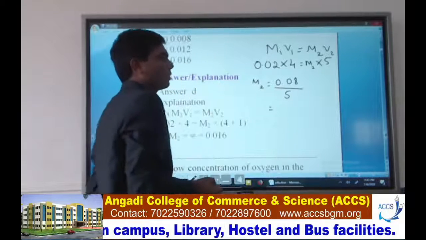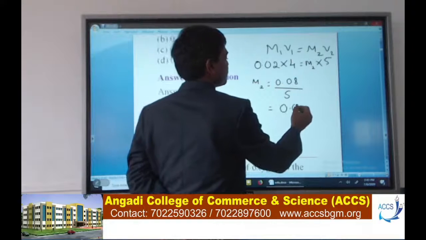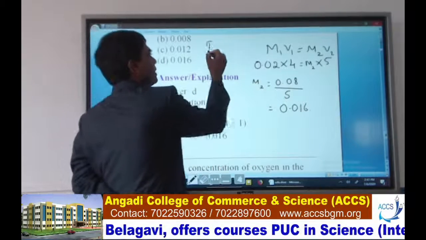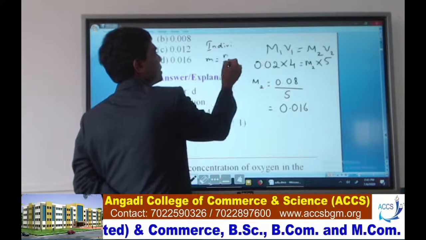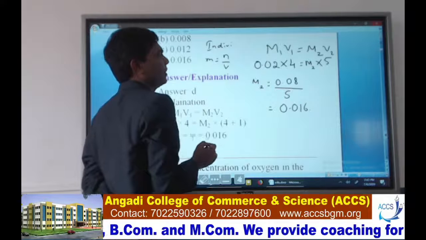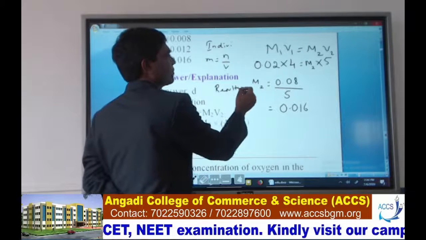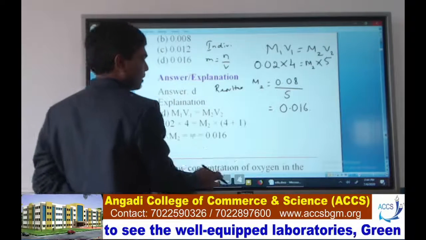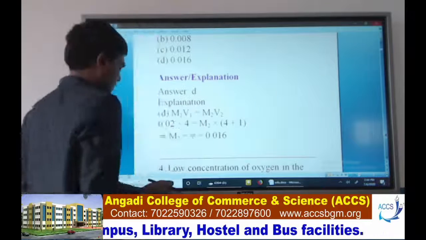Using the calculator or logbook, if you calculate, the answer comes 0.016. So again I am telling you, individual solution means use the formula m is equal to n by v. If we use the resultant, then use the formula m1V1 is equal to m2V2. Okay, the answer is 0.016, B option. Next question.